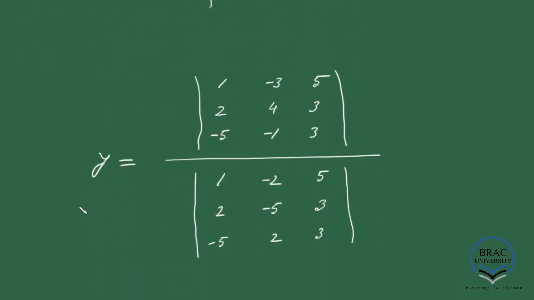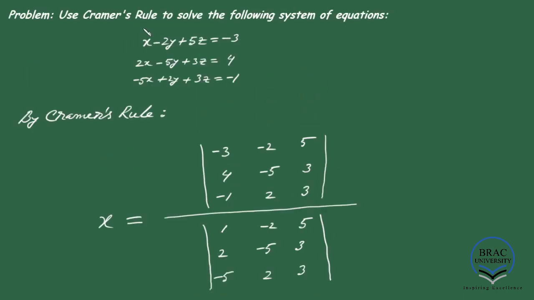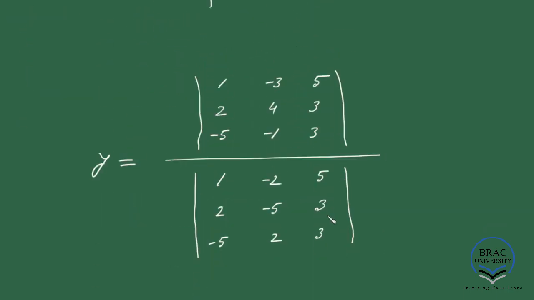Similarly, you find out y. You write down the x, y, z coefficients as it appears in the previous case. The denominator determinant every time will remain the same, but the numerator determinant will change. In this case, we're looking for y. So when you're looking for y, you replace the y coefficients with the constant terms from these equations.